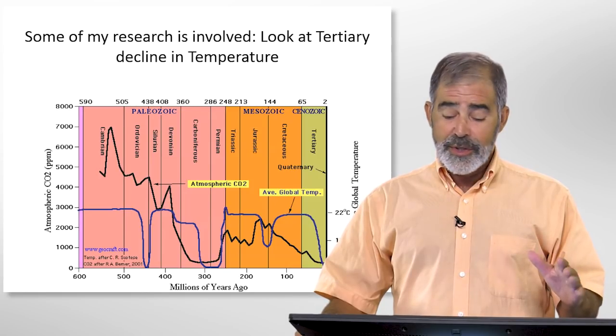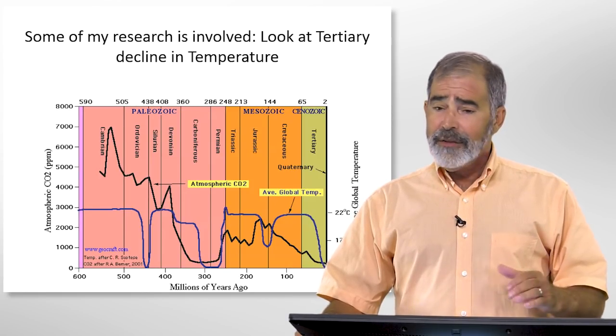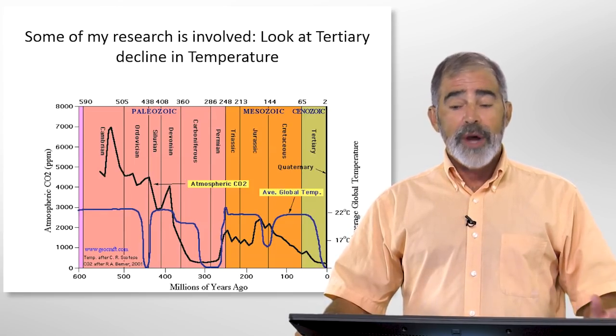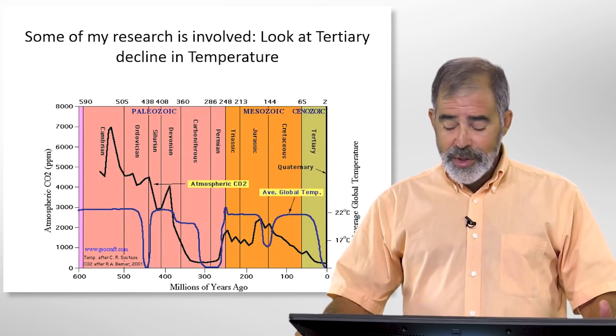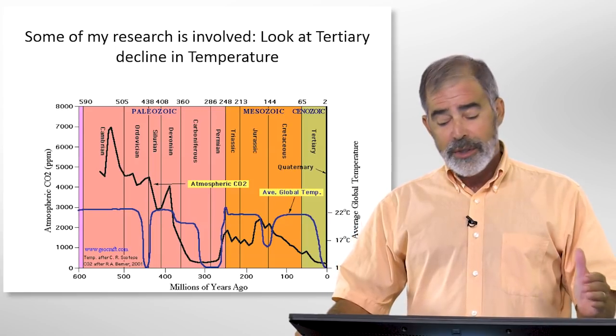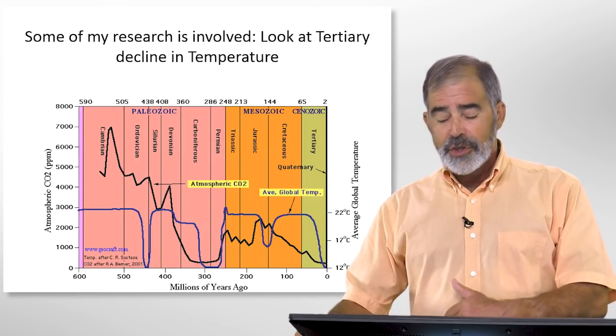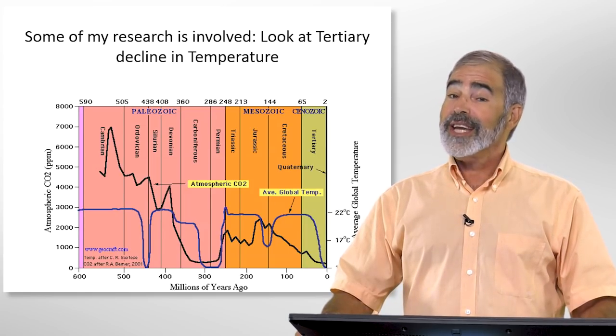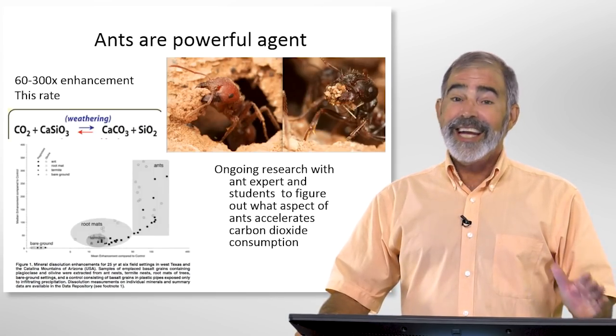Some of my research has been involved in this. If you look at the temperature history of the Earth and focus on the far right, the Cenozoic, you'll notice that the average global temperature started to decline in the middle of the Tertiary period. There may be a crazy idea: ants.